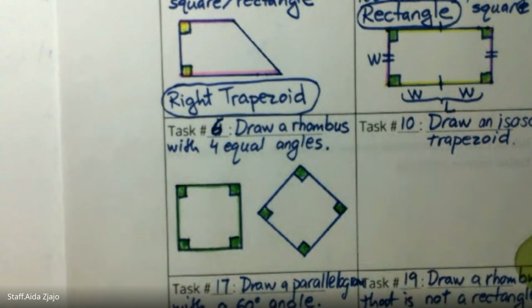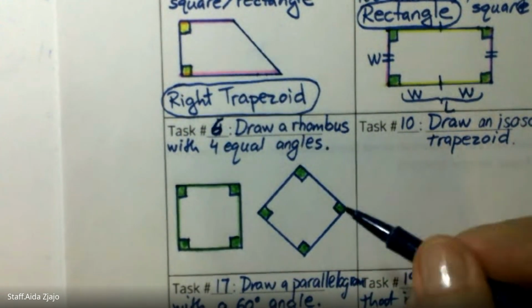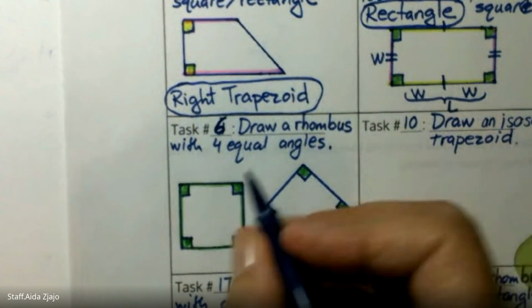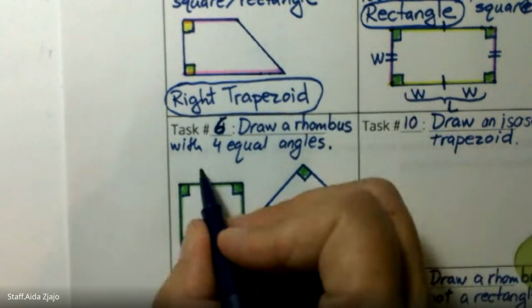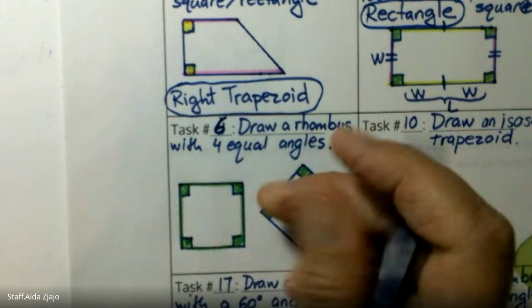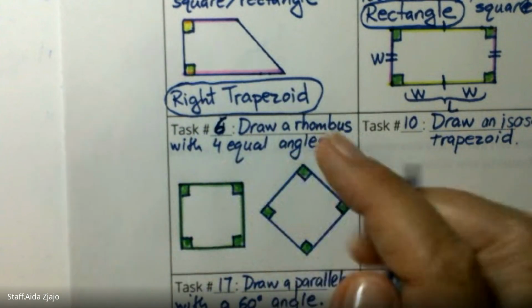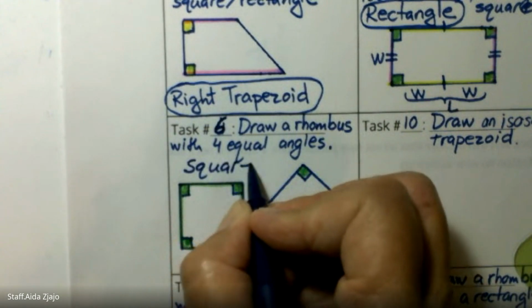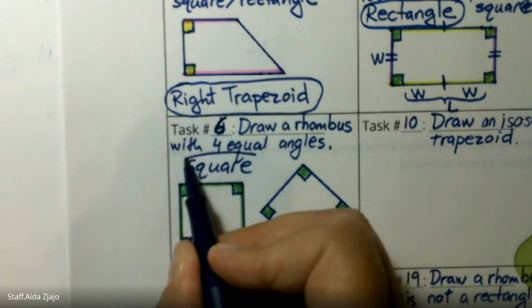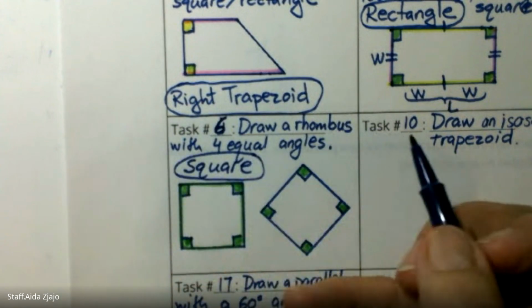Okay, so a rhombus with 4 equal angles is called a square. That is its main name.